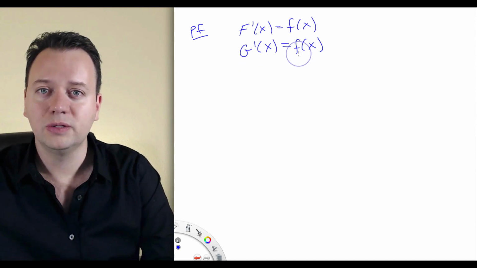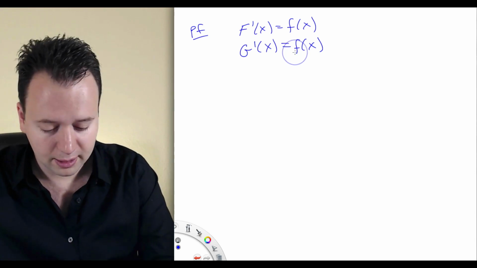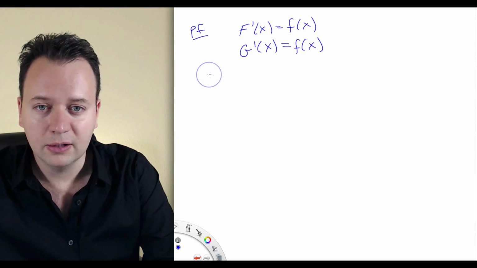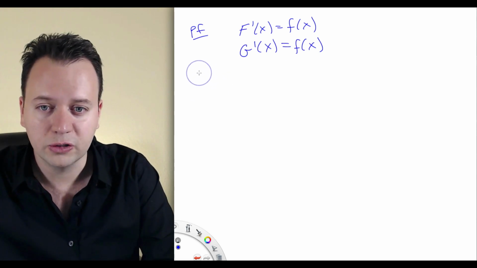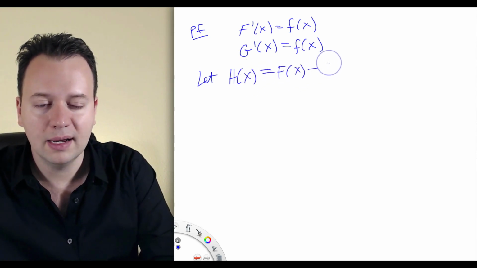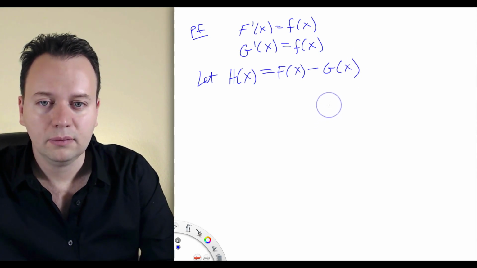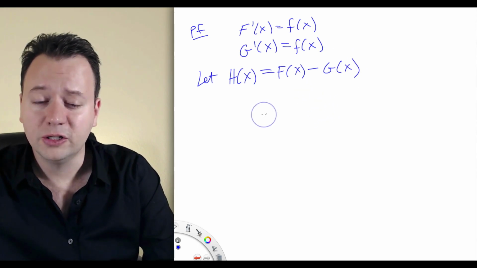So how can we use this to prove that capital F and capital G are related to each other by a constant? The trick is to introduce a new function. Let's call it h of x equal capital F of x minus capital G of x. Okay, well, what's the derivative of h?